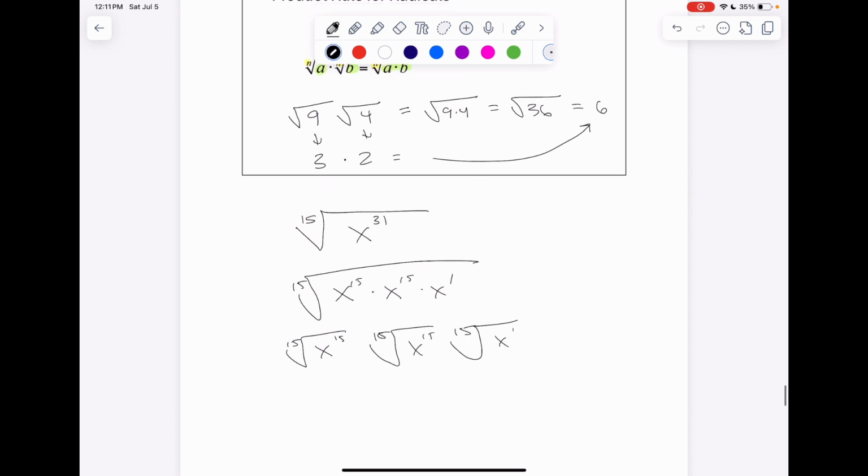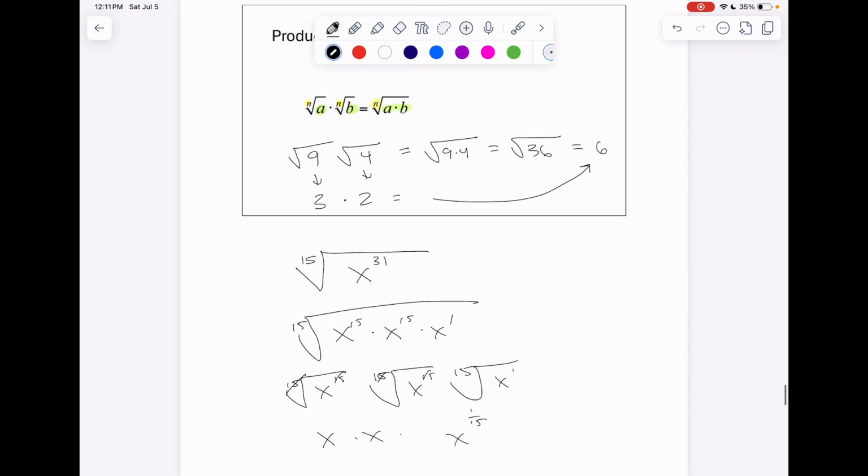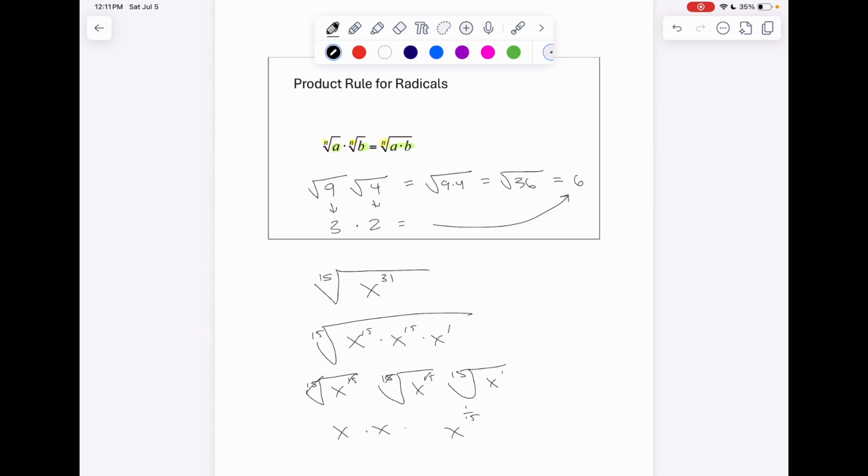And again, these guys will simplify to x, these guys will simplify to x, and this guy does not simplify because it's to the 1st. But if I wanted to, I could write it as a fraction exponent and say x to the 1 over 15 or something like that. Again, it's all about changing the form without changing the value. But again, we're using this product rule here to help us simplify those radicals.